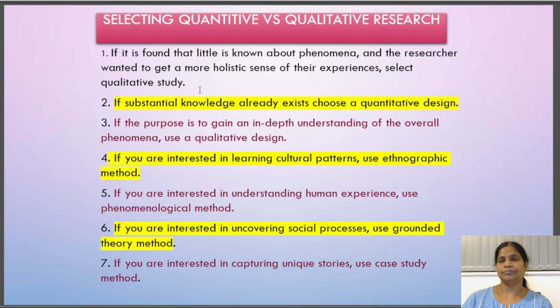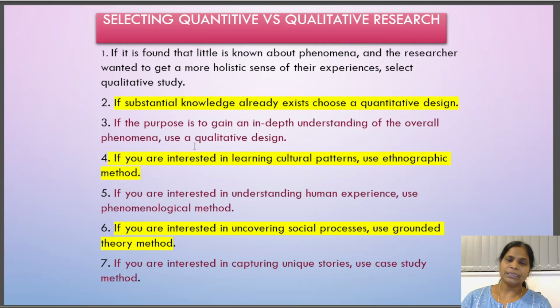Qualitative study. If it is about a phenomenon which you have only a little knowledge of and you want to find more, then you go for what? Qualitative study. If substantial knowledge already exists, then you have to go for quantitative design.